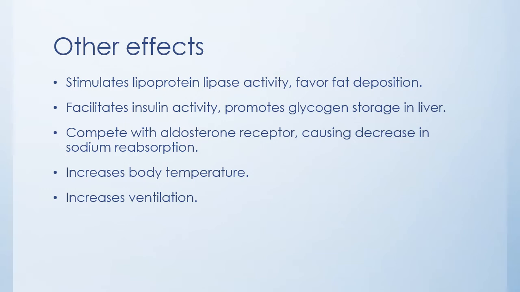And there's another point that I want to highlight here, which is that it increases body temperature. I've talked about this in my lecture on the menstrual cycle as well, that progesterone has this effect.